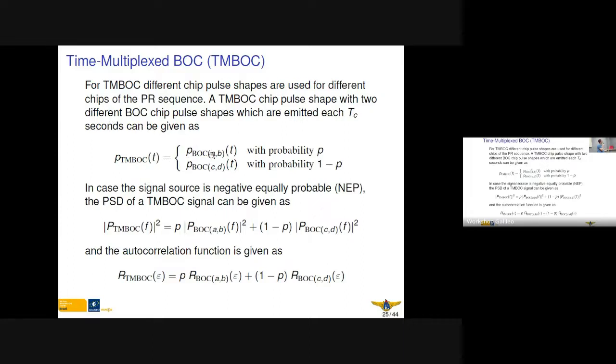So we have BOC(A,B) with a probability of p, and we have BOC(C,D) with a probability of 1 minus p.